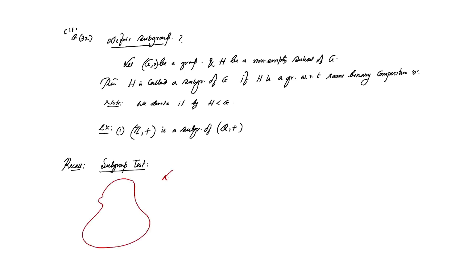Let G be a group, and H be a non-empty subset of G. Then H is a subgroup of G if and only if A B inverse belongs to H for all A, B in H.